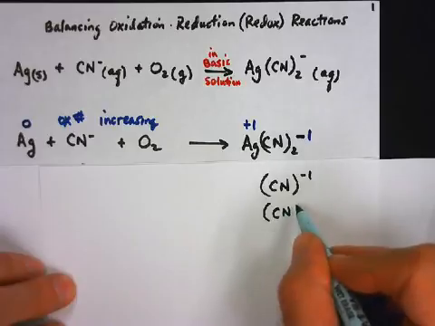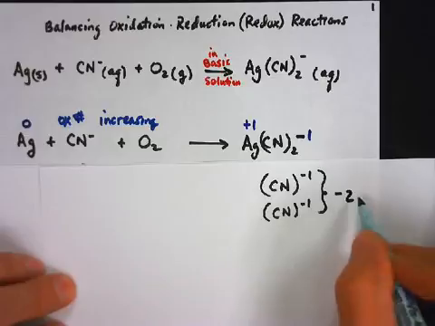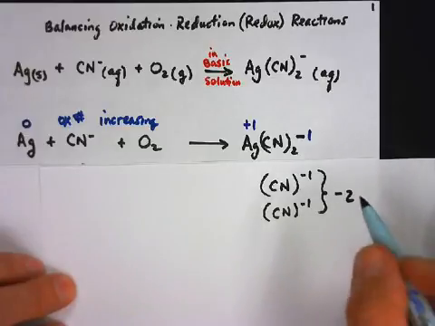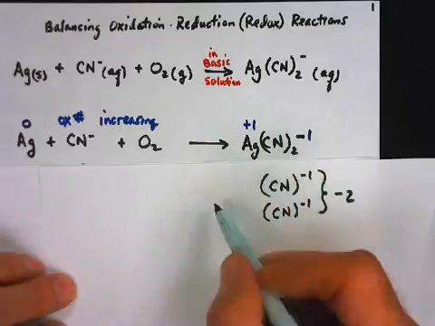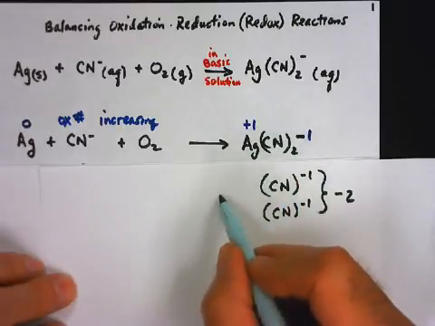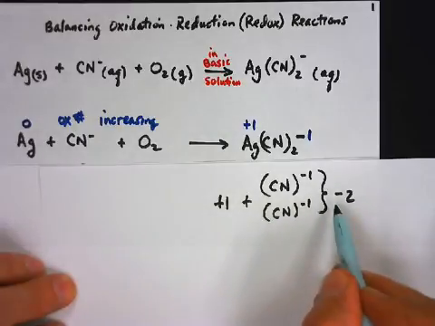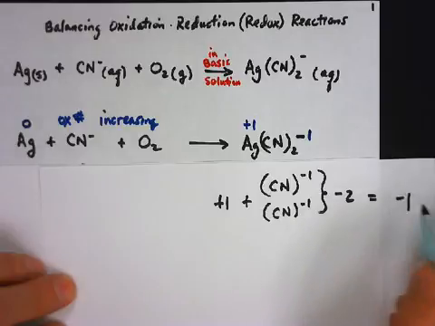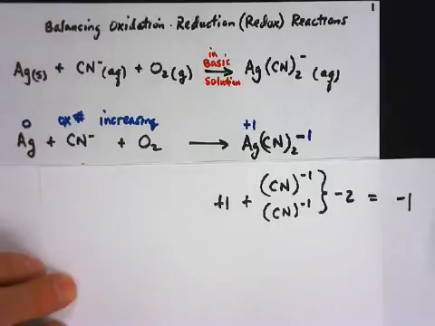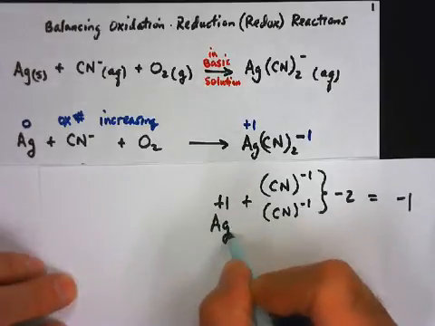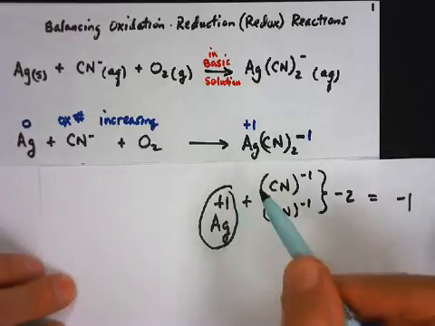So if we have two of those at -1 apiece, that adds up to a total of -2. Now the total charge for this whole complex here is -1. So that must mean that silver must be a +1, so that when we add a +1 and a -2, it comes out to be -1, which is exactly what the overall charge is. So silver's oxidation number on the product side is a +1.